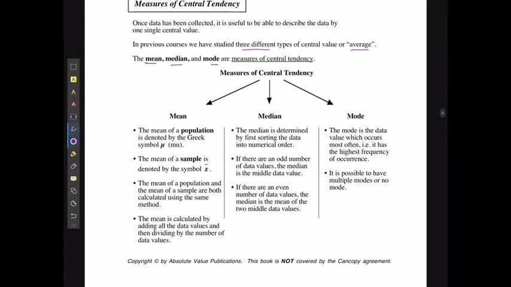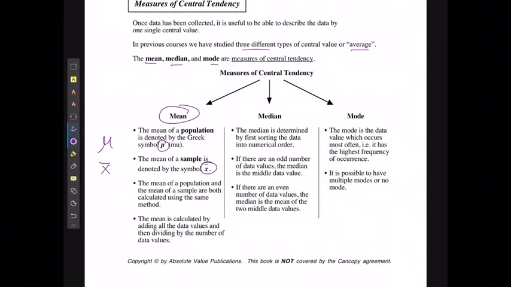When we're talking about the mean, that is the most common one that we use. The mean of a population is denoted by the symbol mu, and you're going to see that on your formula sheets as well. It's that special looking M, which is called mu. The mean of a sample is denoted by X with a line over it.